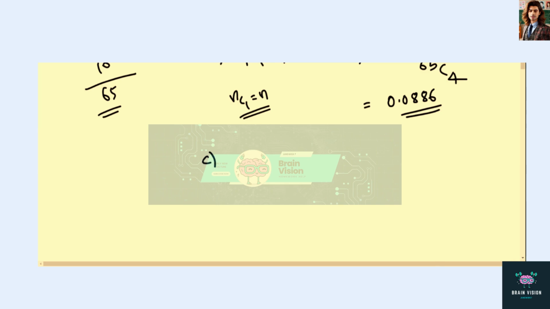In the third part of the question, it is asking for the probability of getting 2 sophomores and 2 freshmen. Again, the total number of ways we can select is 65C4.